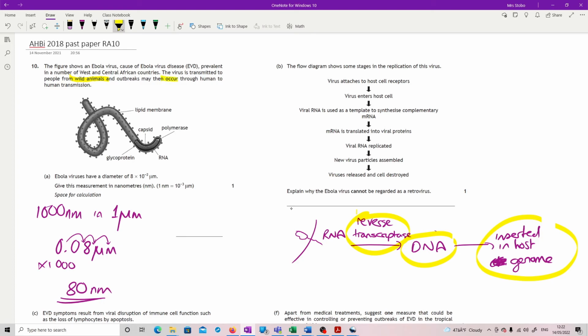But it then says may occur through human to human transmission, so we then need to cut down human transmission. So best thing to do that is probably to reduce overcrowding. Okay, the less people you have together, the less chance you have of human to human transmission. And again, education of what that is.